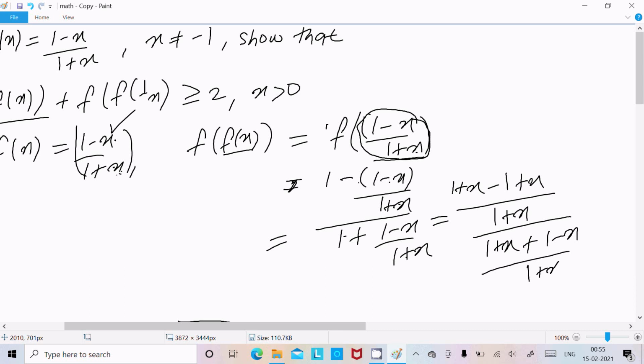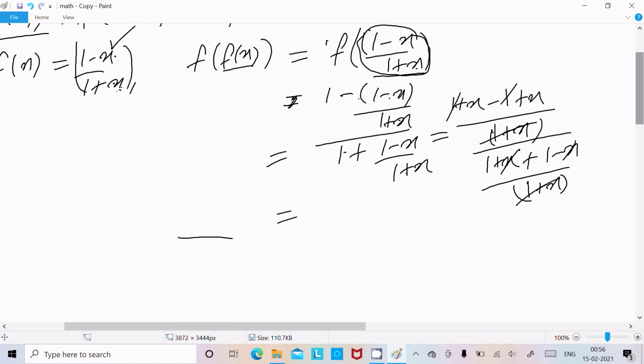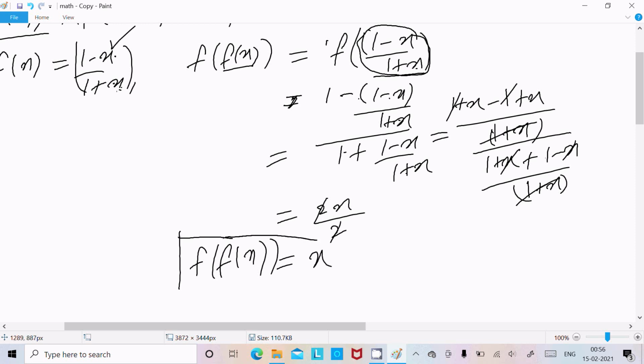So 1 plus x and 1 plus x will cancel. Then 1 cancels, here x cancels. So the new value now comes 2x, and here 1 plus 1 is 2, which cancels. So the value of f of (1 minus x) by (1 plus x) is now only x. This thing we need to remember.